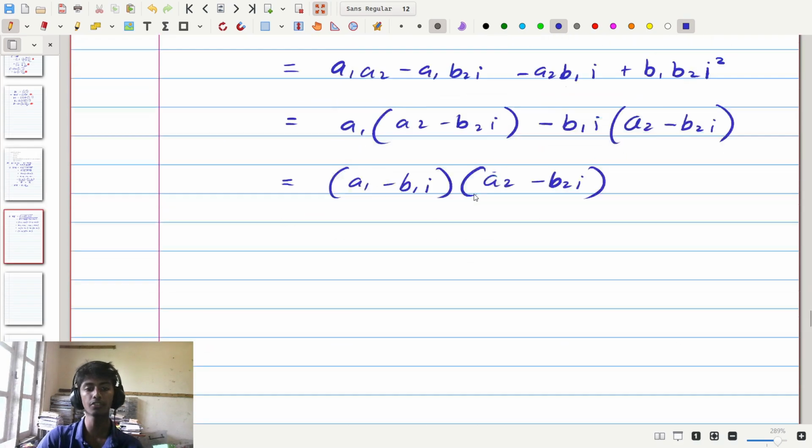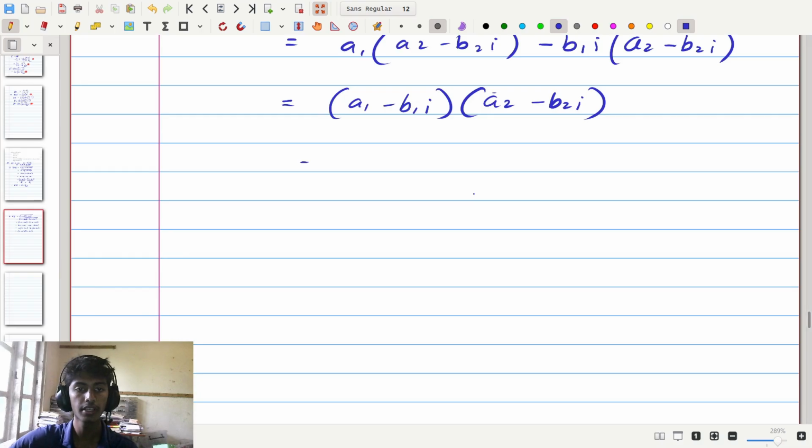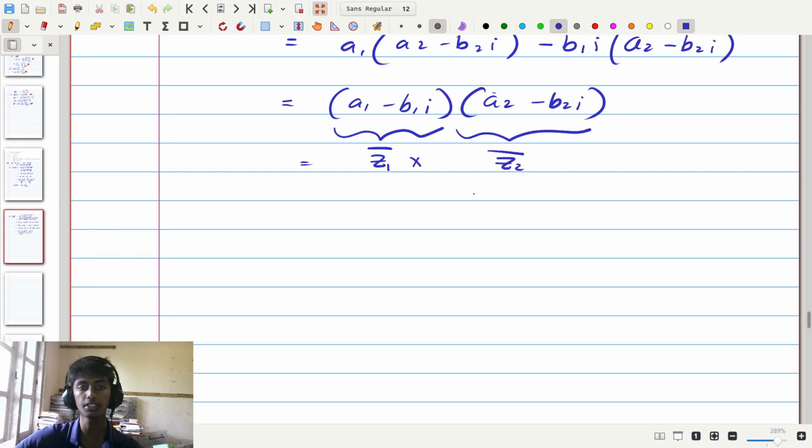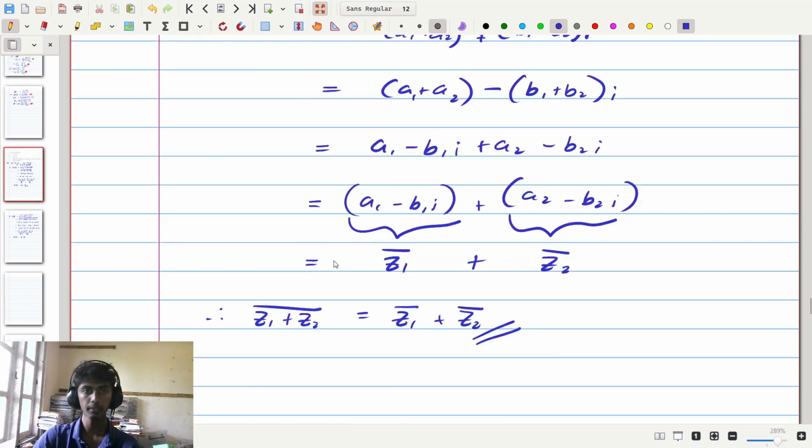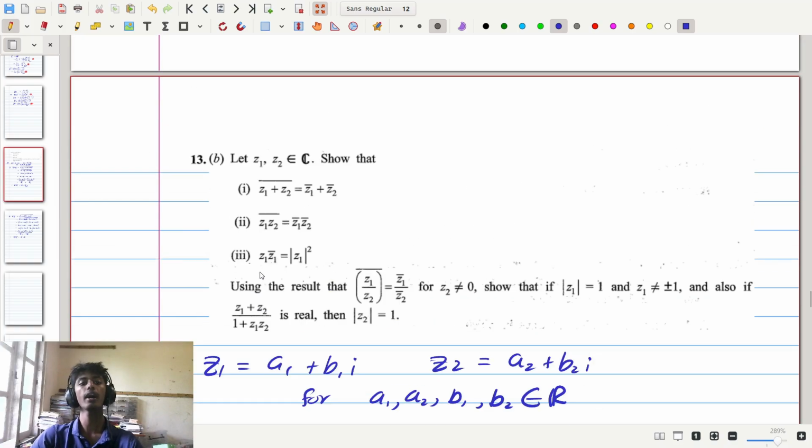According to that we can see the first term here is Z1 conjugate, and we multiply it by the second term here, which is Z2 conjugate, and therefore we started with Z1 times Z2 conjugate, which means Z1 times Z2 conjugate is equal to Z1 conjugate times Z2 conjugate, and hence we have proven the second part of the question.